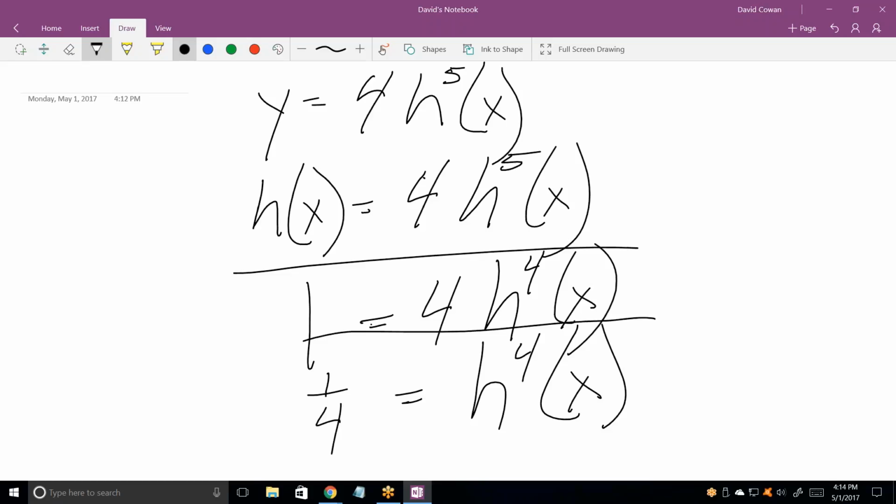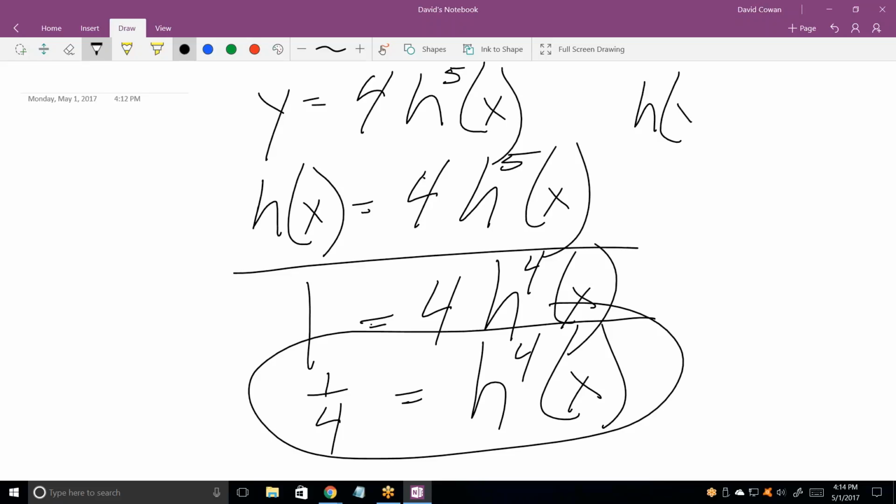Okay. And h of x is going to be the 4th root of 1/4. Okay. So h of x is 1/4 to the 1/4 power. Well, that's 1/2, the square root of 1/4.